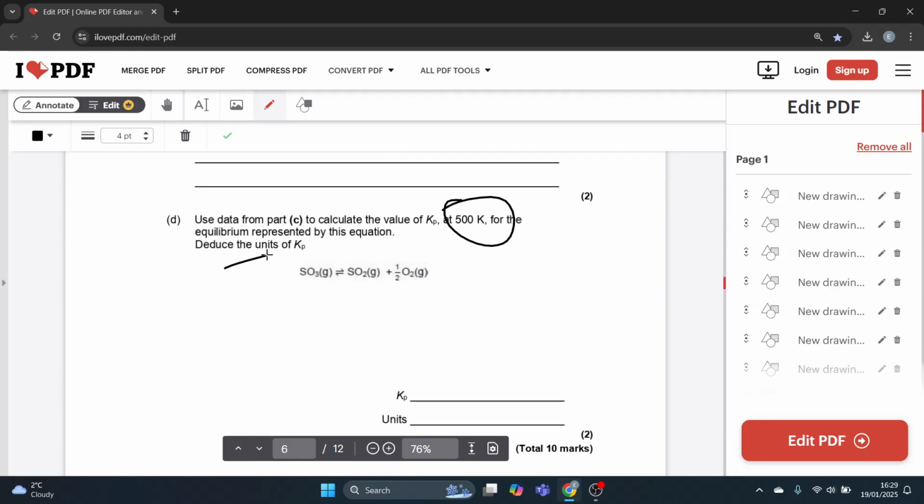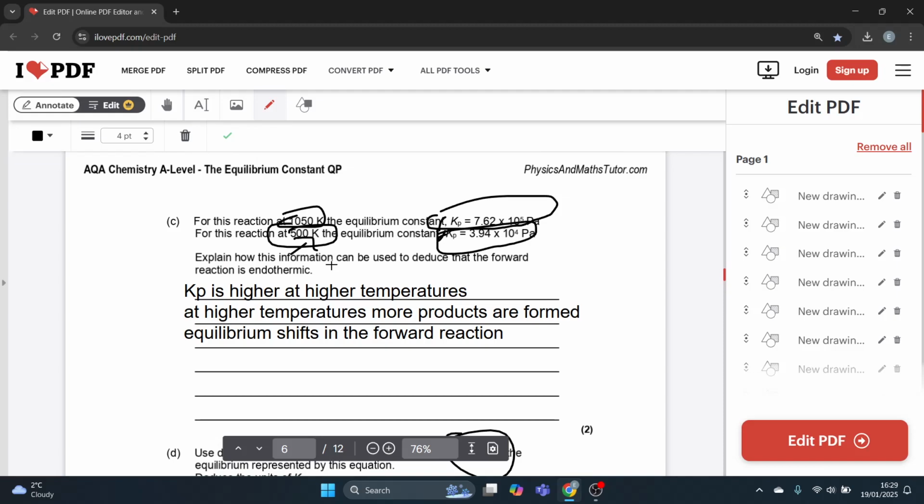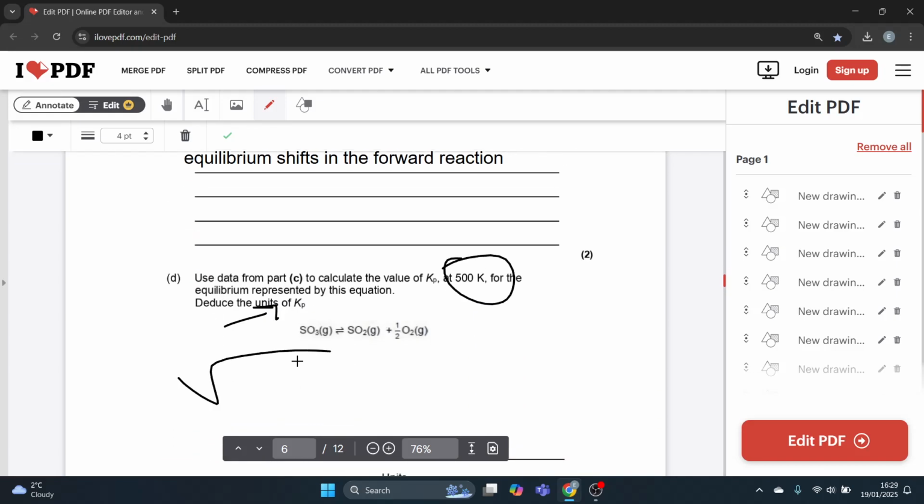So I want the Kp at 500 Kelvin. All I'm going to have to do here is square root this. So it's going to be square root of 3.94 times by 10 to the power 4. That'll give me 198.5.